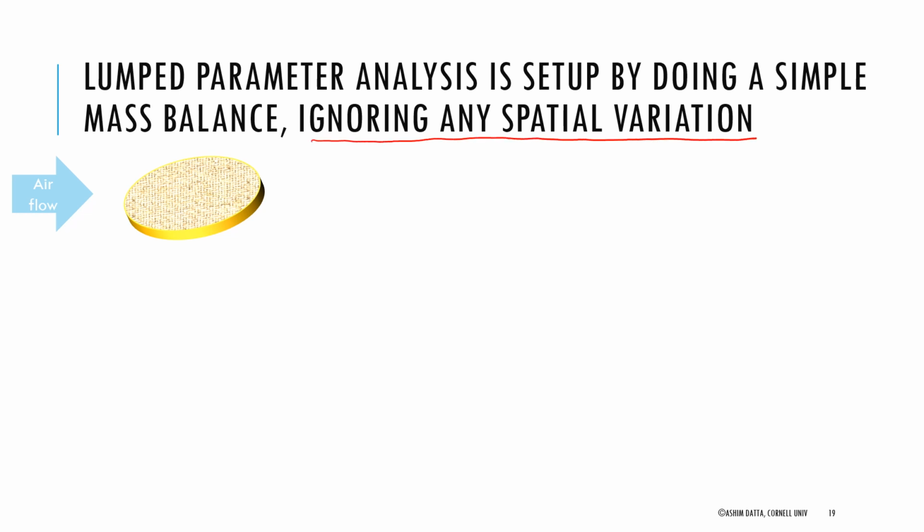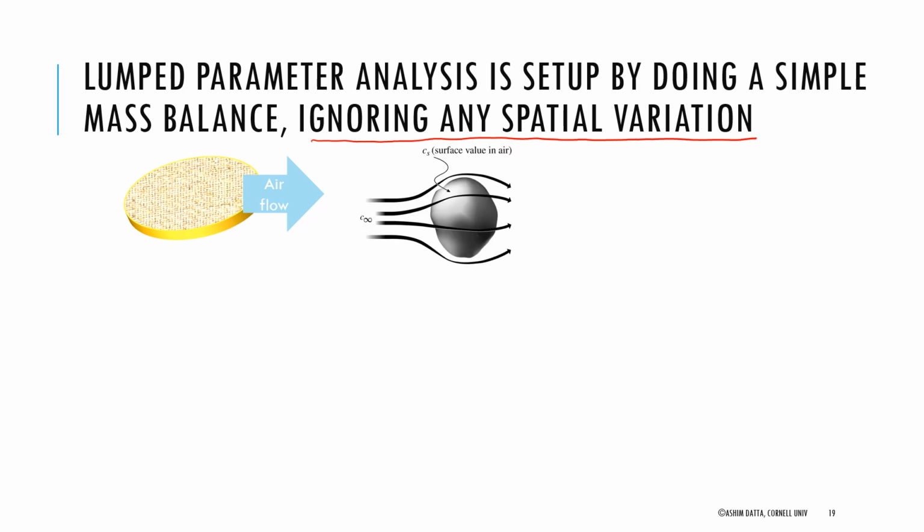So let's look at a process like drying of this. Let's say this is like a potato slice, and we are flowing dry air over it to dry. And the way we want to think of it is that we ignore any variation of moisture inside.